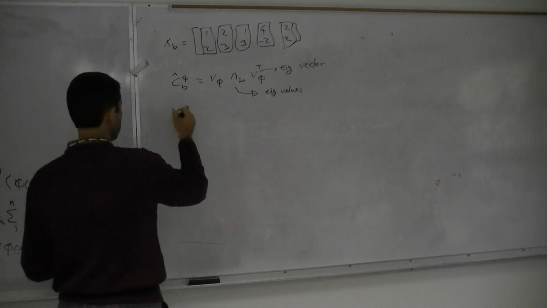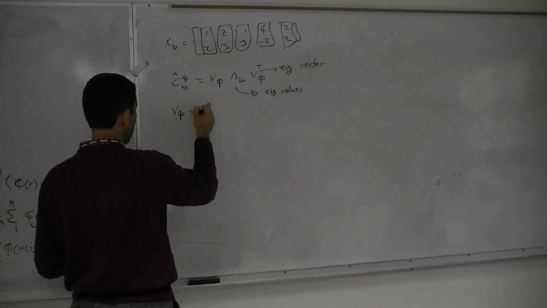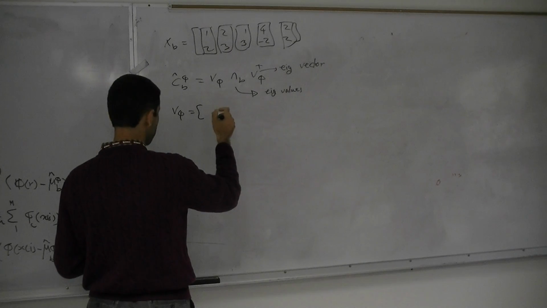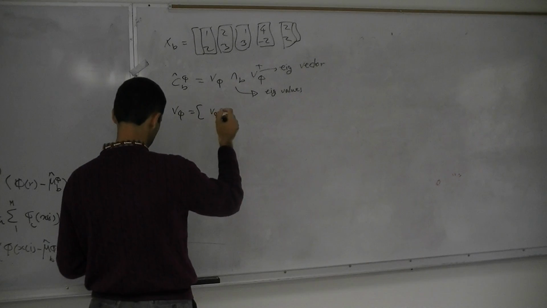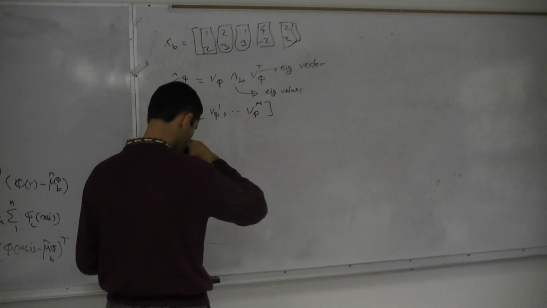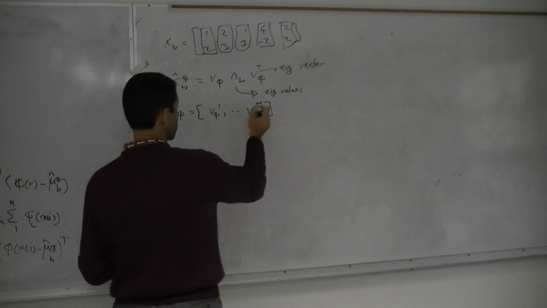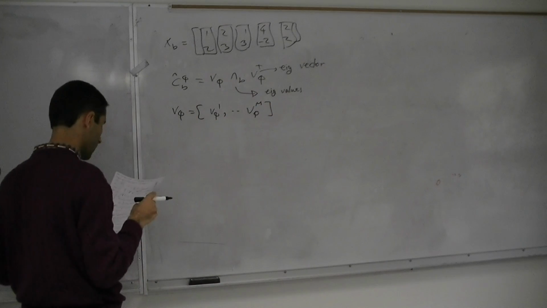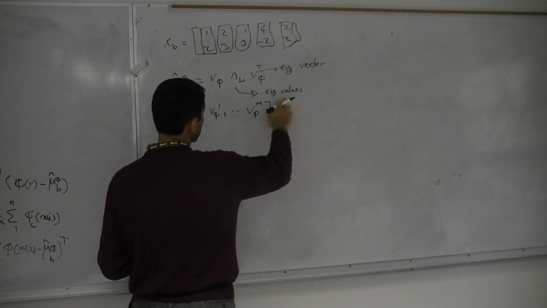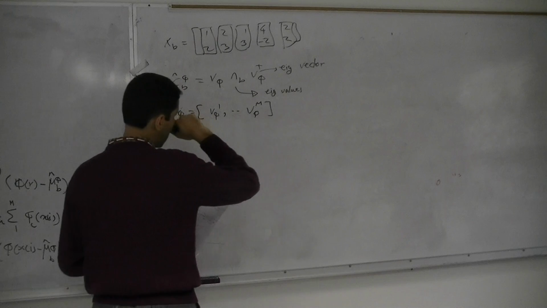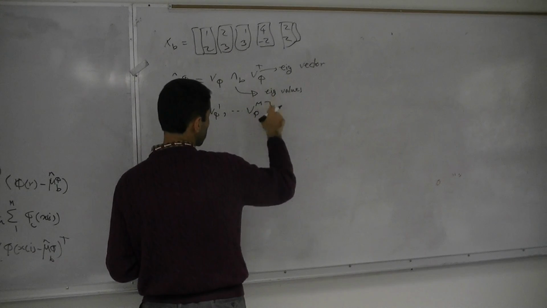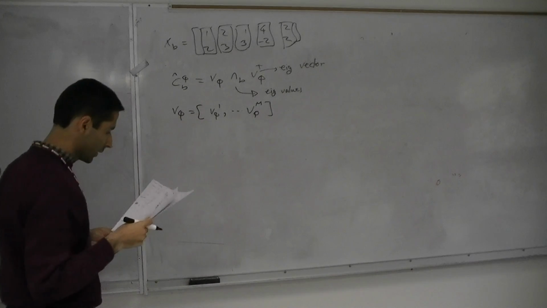And V phi here are V phi 1 to V phi n, where n is the maximum number of data points. It's possible we have some zero eigenvalues, and if you have some zero eigenvalues, it's not necessary to add those columns to this matrix.